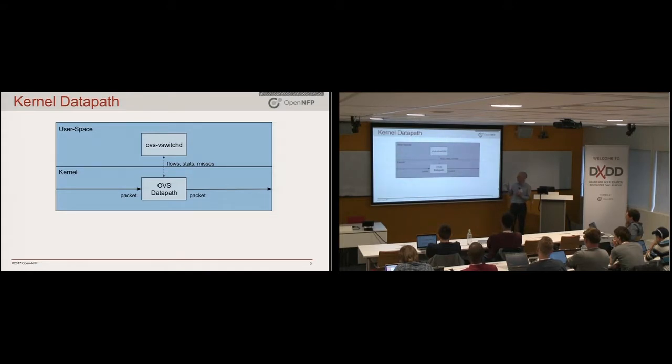And when there's a miss, so when it doesn't know what to do, it pushes it up to OVS DB and then OVS vSwitch D, which then makes a decision about what to do, pushes the packet and the flow back down again. And OVS vSwitch D is also managing the cache, so it's actively polling it for statistics, and it uses this to determine the liveness of the flows, and that determines whether or not it's going to evict the flows. It looks kind of straightforward here. Of course, there's lots of details that make it quite difficult.